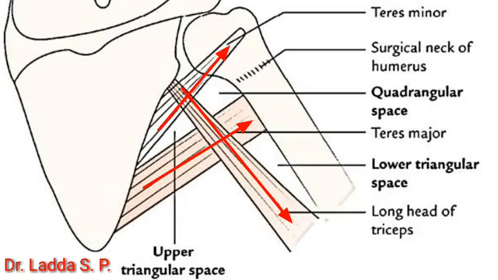This head of the triceps goes vertically down, and we know it is inserted on the posterior part of the olecranon process of the ulna.